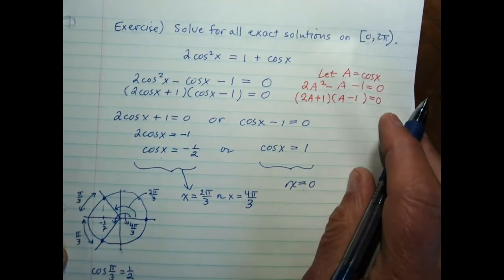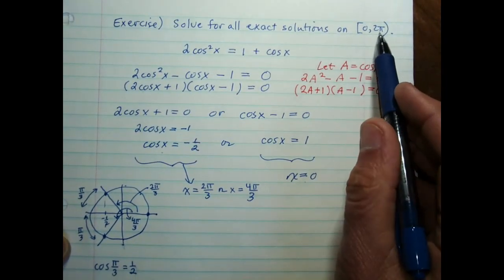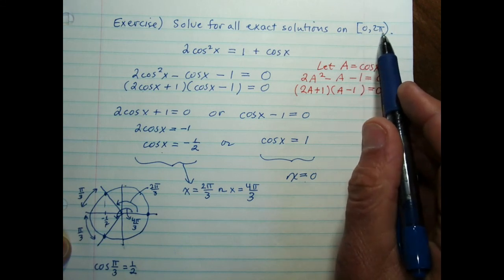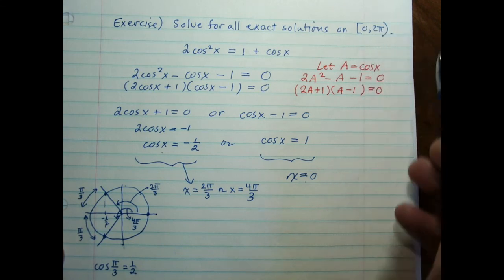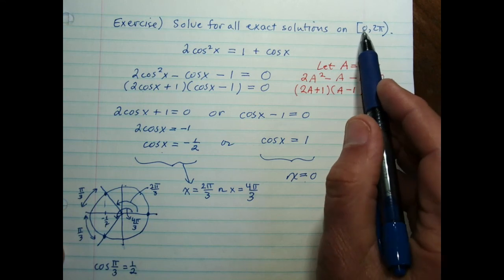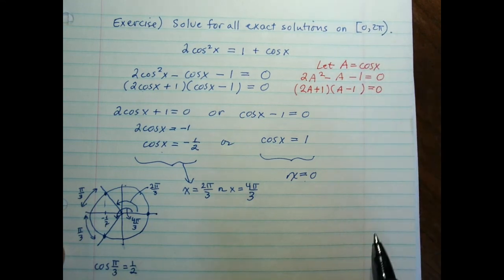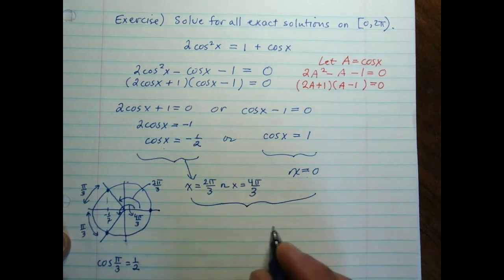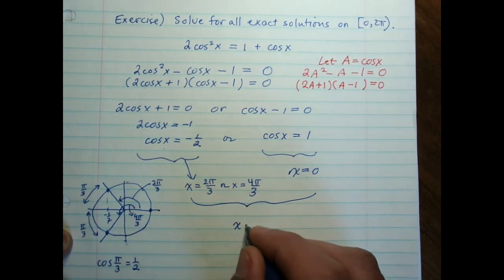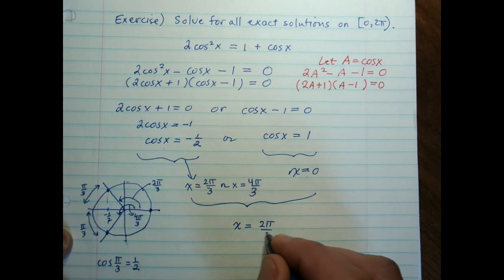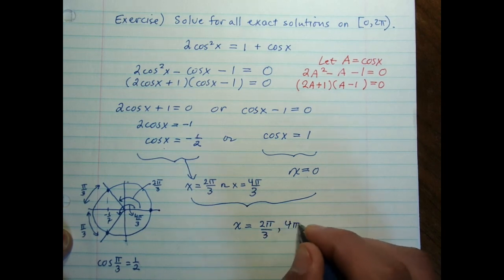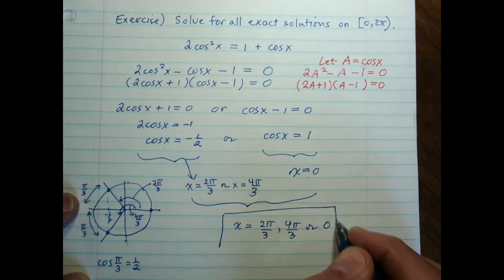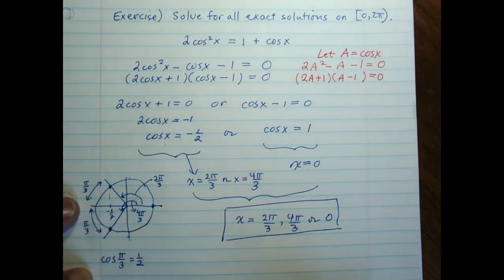But our textbook likes to leave off the 2 pi, so they're kind of saying if you give me the 0 solution, you don't need to give me the 2 pi solution in this 0 included, 2 pi not included interval notation. So I think here are our solutions. x equals 2 pi over 3, 4 pi over 3, or 0 are the solutions to that equation.